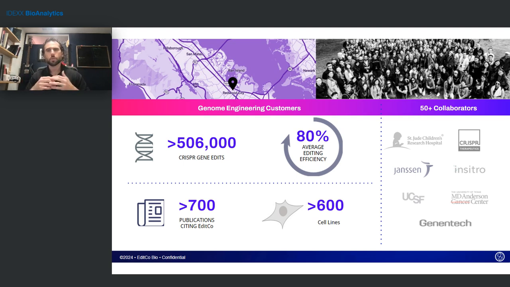And to date, we've worked with well over 600, probably closer to 800 cell lines at this point. This data is a bit outdated, but closer to 800 cell lines. Additionally, we've collaborated with many of the top researchers in the world, places like St. Jude's, InCitro, and one of my favorites, MD Anderson, which is where I began my career in research many moons ago.